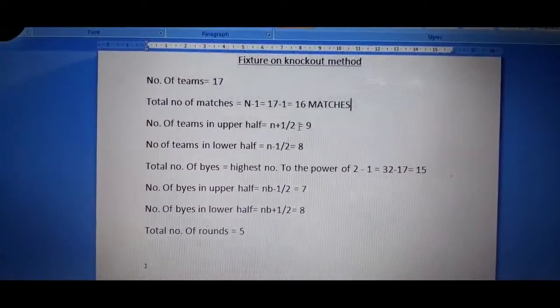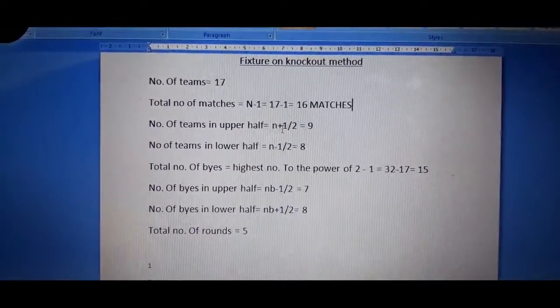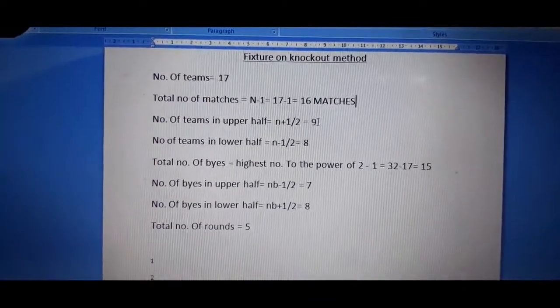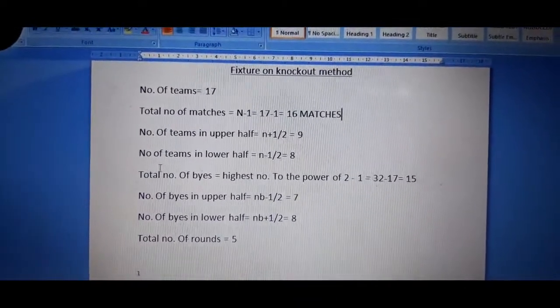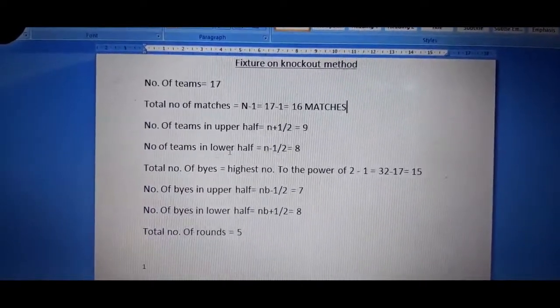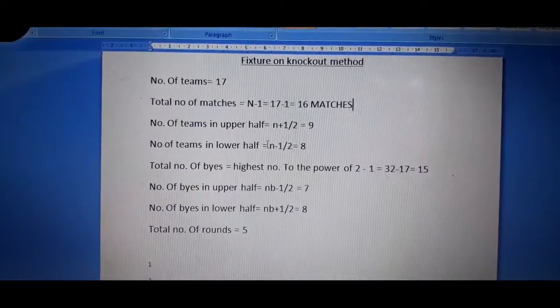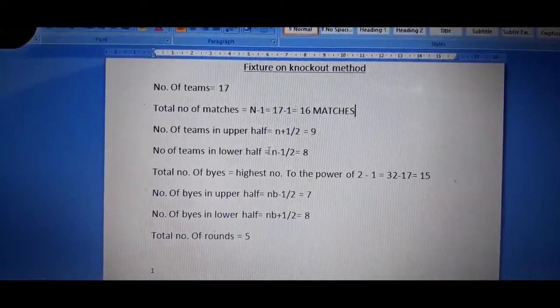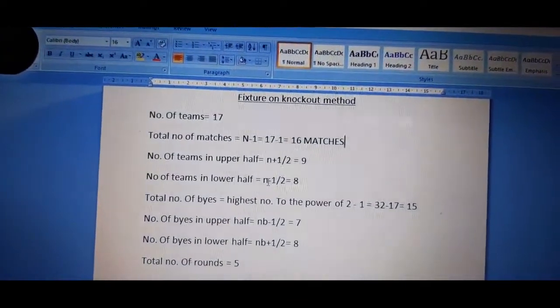That is 17 plus 1 upon 2, that is 18 upon 2, so 9. That is why I have written 9 over here. Same way, the number of teams in the lower half is n minus 1 upon 2, that is 17 minus 1 upon 2, that is 16 upon 2, which gives you 8.